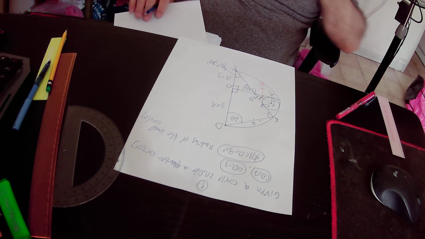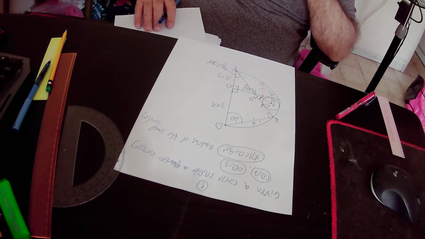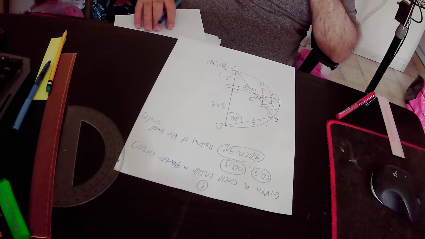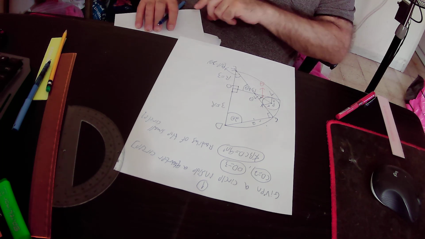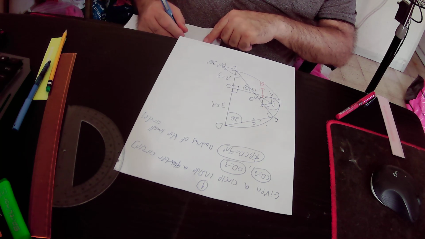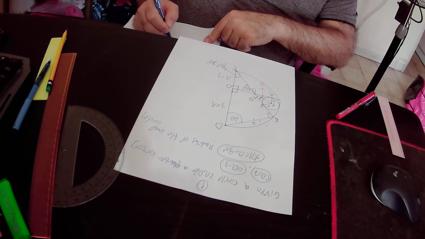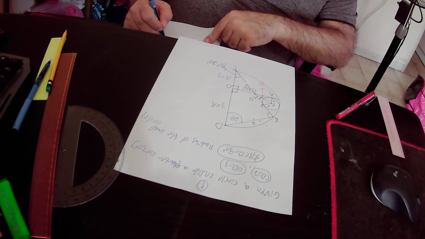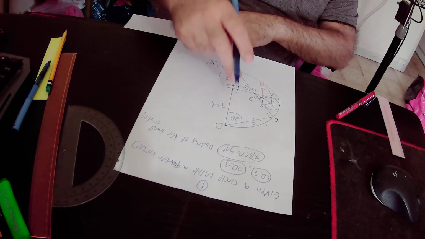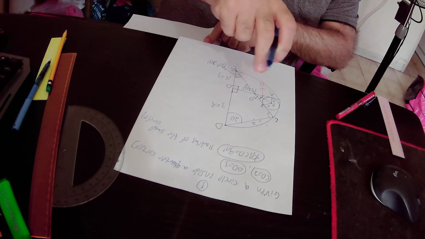So we know that in the right triangle CDE, tangent 2 theta equals CE over CD. Again, in the right triangle CDE, tangent 2 theta equals CE over CD.